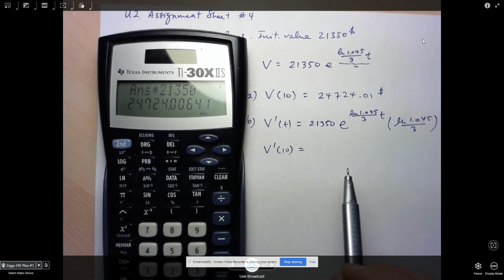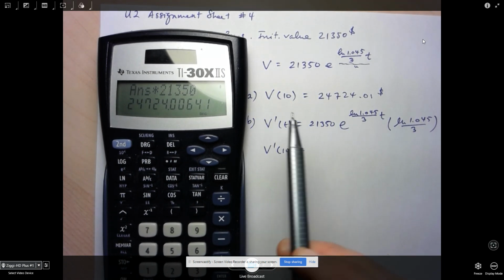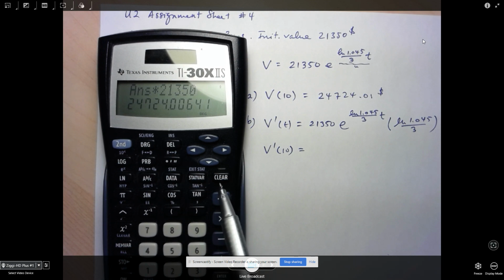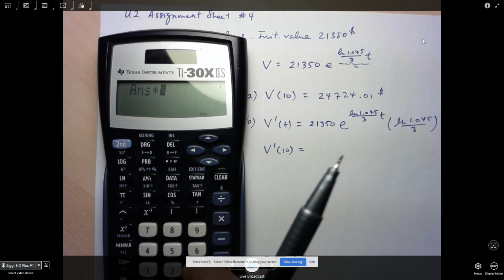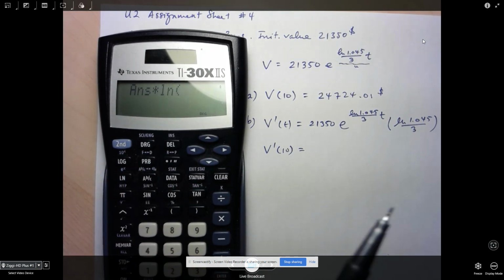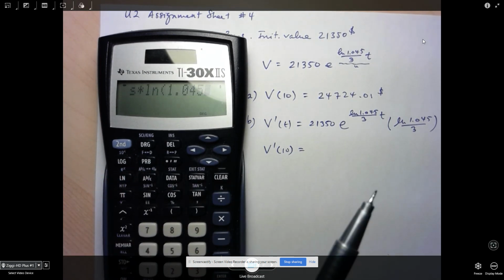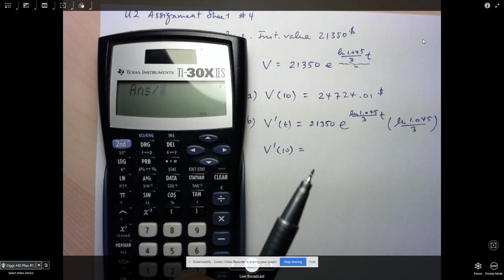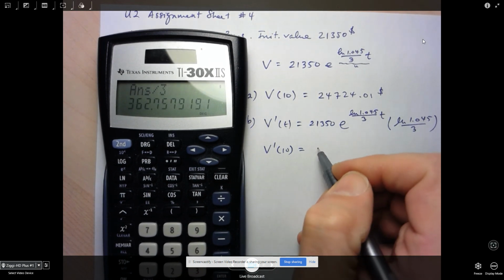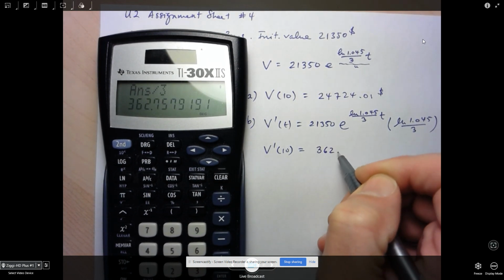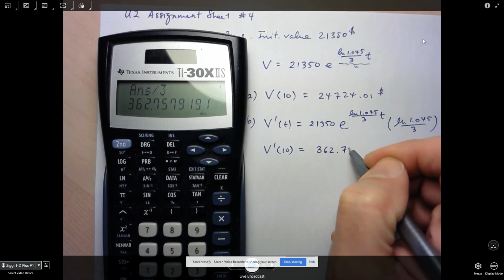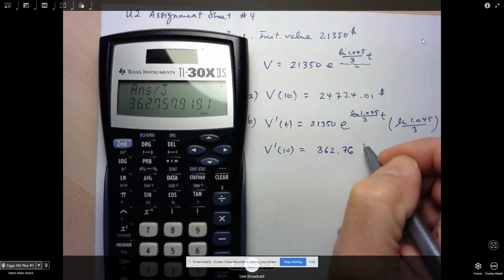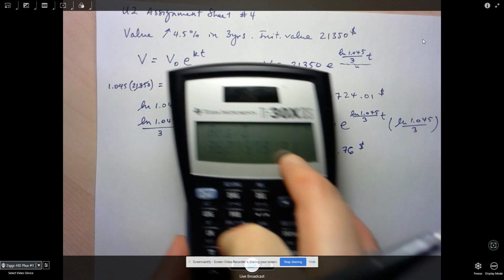Otherwise, I'd just have to start over. So this whole thing is equal to this 24,000. Now I just have to multiply it by what's in the bracket here. So I'm going to multiply that by ln of 1.045, and then divide by 3. And there we have $362.76.